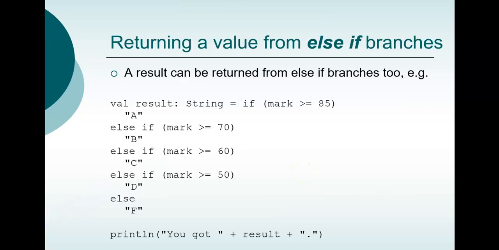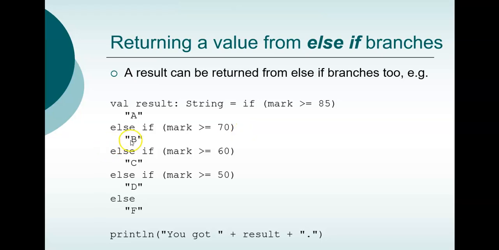We can also return a value from an if-else expression. So when you look at this statement, we are returning the result of the if expression into a variable. When we say var result: String equals if, this is the beginning of the if expression. So if mark is greater than or equal to 85, A, which means return A if this expression is true.